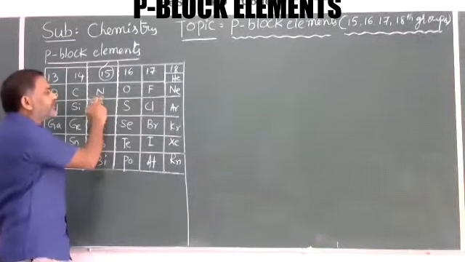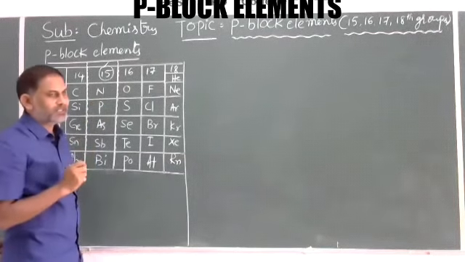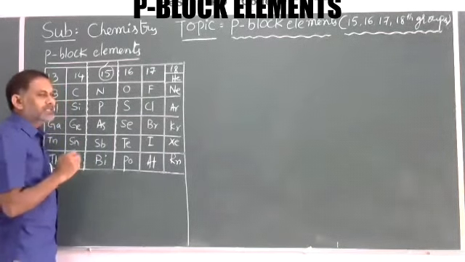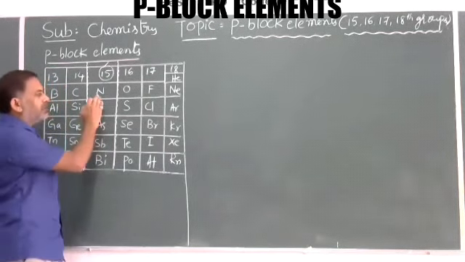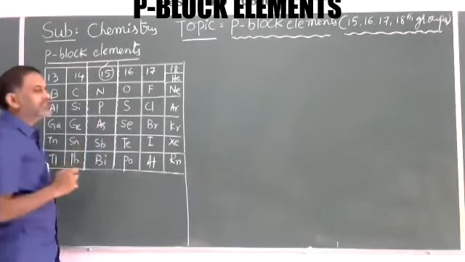Nitrogen is also mainly present in proteins, in alpha amino acids. There are 20 amino acids, and nitrogen is mainly present in these amino acids, that is, proteins.